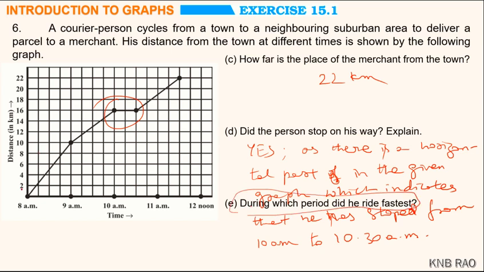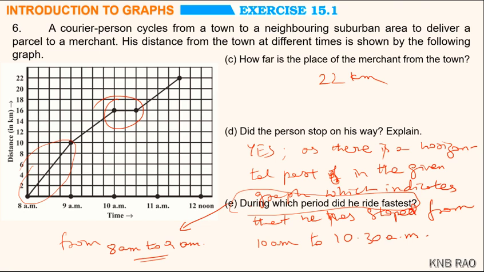You could see a sharp height here, sharp part of this, vertically it is moving 8 to 9. So for this I will write solution here. From 8 a.m. to 9 a.m. he was fast. Okay, then this is the 6th question.